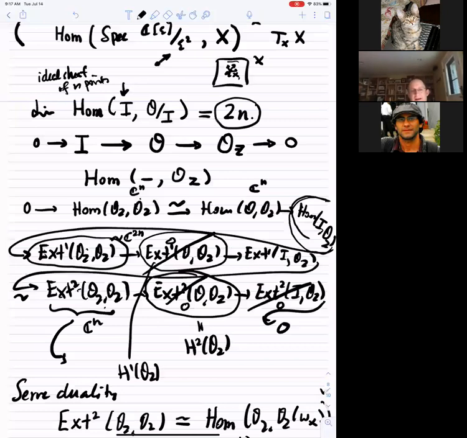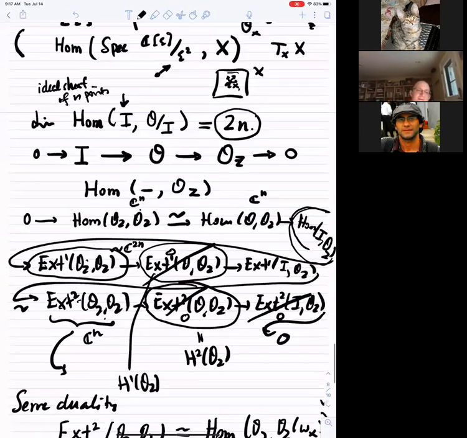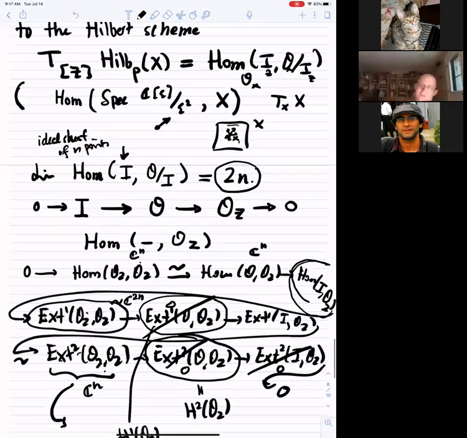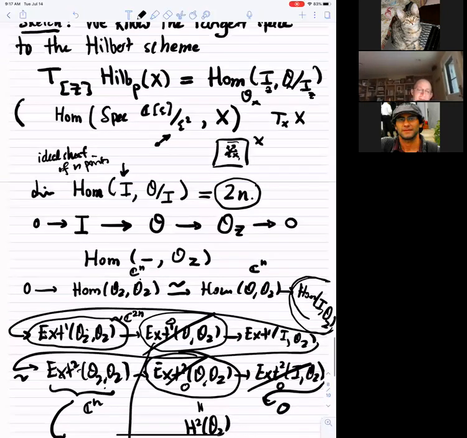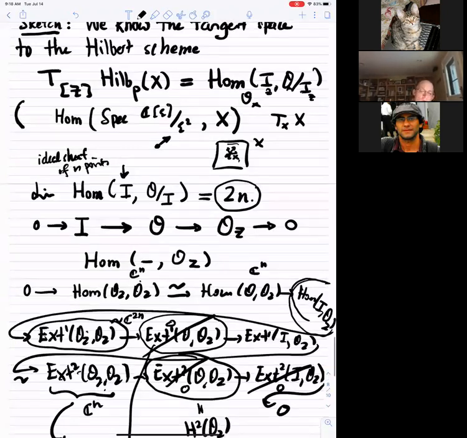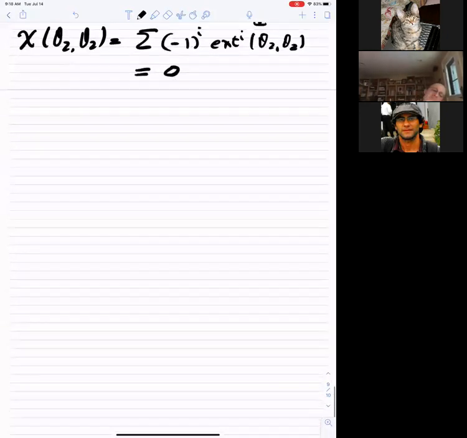Anyway, that's a relatively fast calculation that uses hopefully stuff you're familiar with from Hartshorne, but if not, you can find this kind of calculation in various places. But the key point here is the conclusion, so let me summarize.